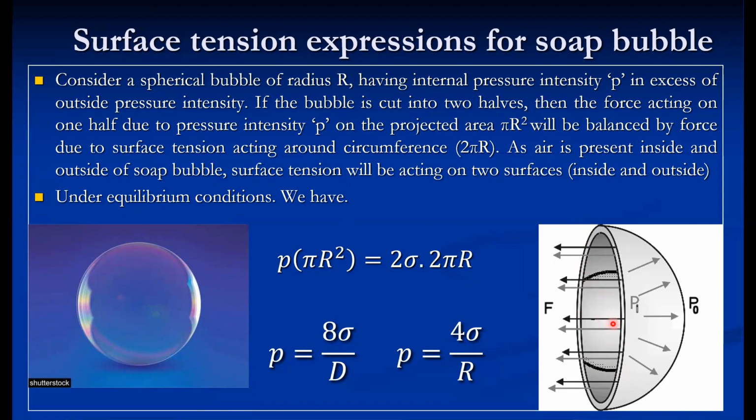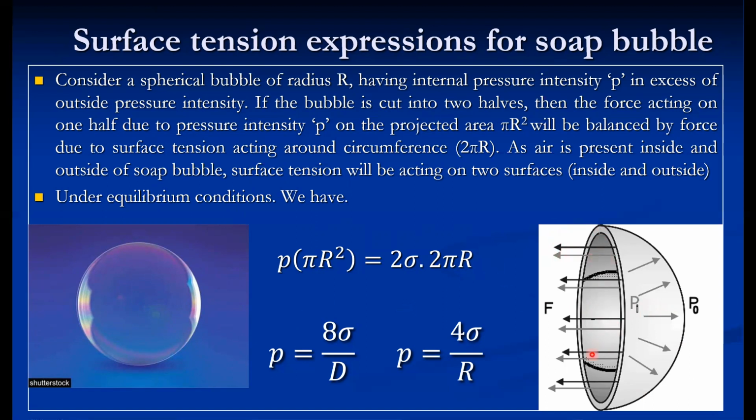as this is a hollow sphere, there is air present inside the droplet as well as outside the droplet. Thus, the surface tension will be acting on both surfaces, inside and outside. So there are two values of surface tension.